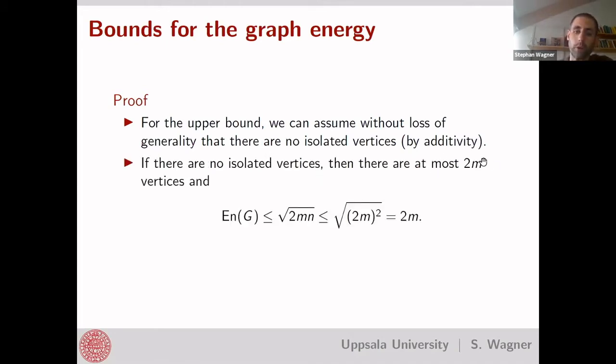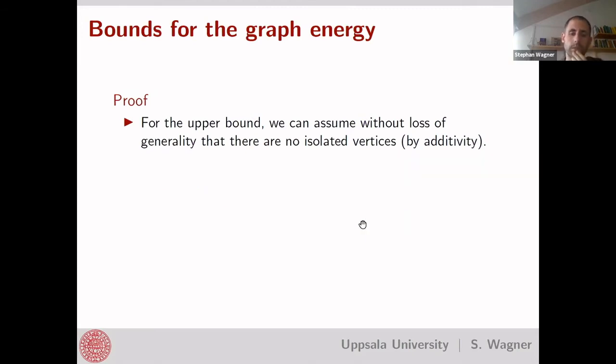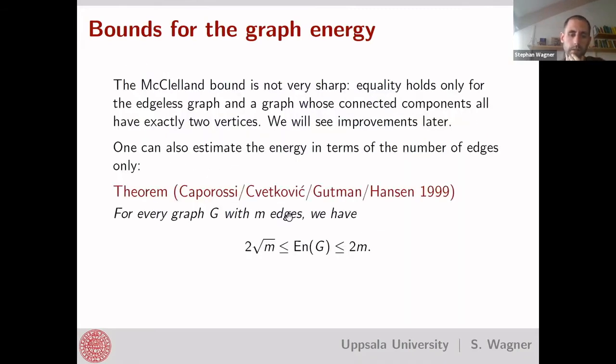But if there are none, then there are at most 2m vertices, at most twice the number of edges, and we can use the bound from before, just replace n by 2m, and we get the upper bound. So again, these are simple bounds. They are sharp, so there are cases of equality, but generally one can do better. If the graph is not very, very special, then one can do better than this.